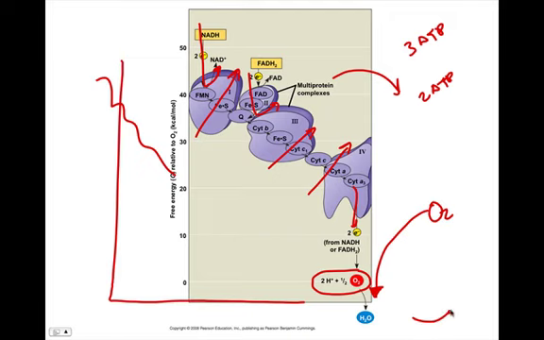Significantly, the CO2 we breathe out, that oxygen is not the same oxygen atoms as the oxygen we breathe in. The oxygen atoms we breathe in just get converted into water, H2O, in our bodies. And so the CO2 that we're breathing out, the carbon and oxygen are from the foods we ate. And so you need oxygen for the electron transport chain to occur.